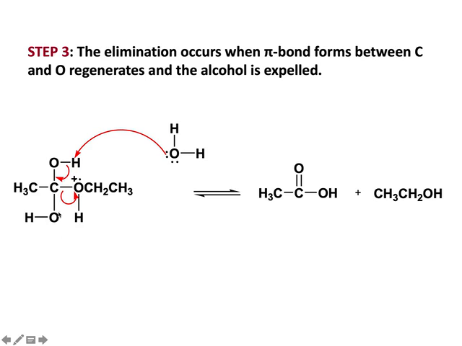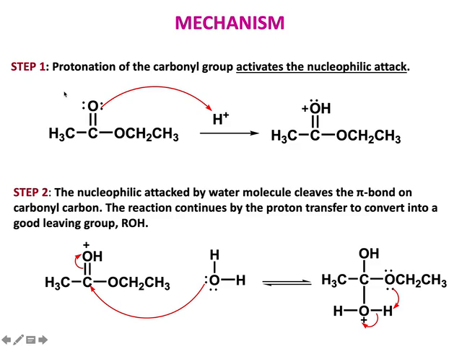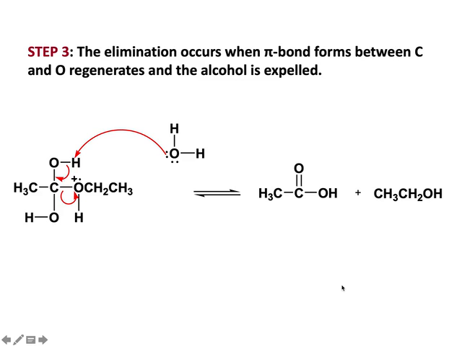There are two alcohols here. Elimination occurs when the pi bond forms between C double bond O. In step 2 there is no carbonyl, so next we want to eliminate because we want to form the pi bond between C and O. The keyword for step 3 is regenerate. And then the alcohol will be expelled once the lone pair abstracts this proton. This one moves to here and this one moves to here, and it becomes alcohol.